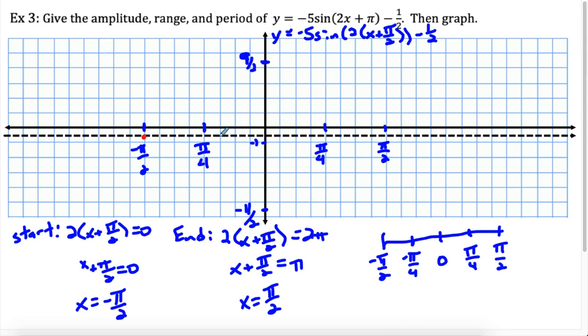So instead of starting here and going up, I'm going to start at the midline and just go down. So from the midline, I will go to here, then back to the midline, then to the maximum, then to the midline.